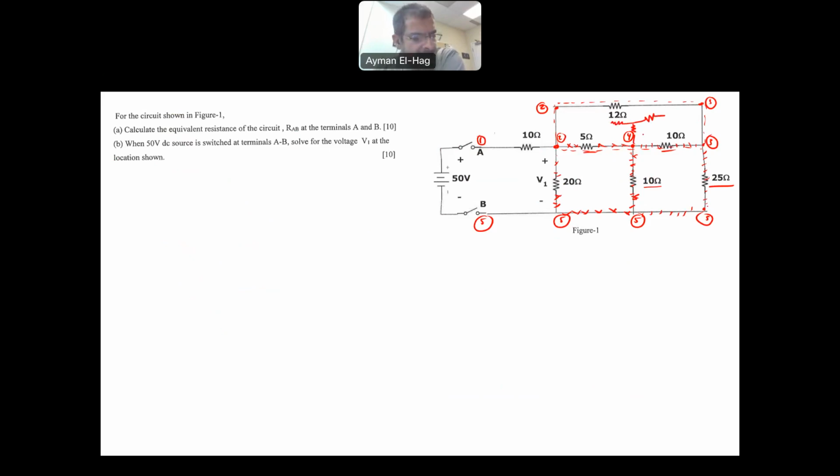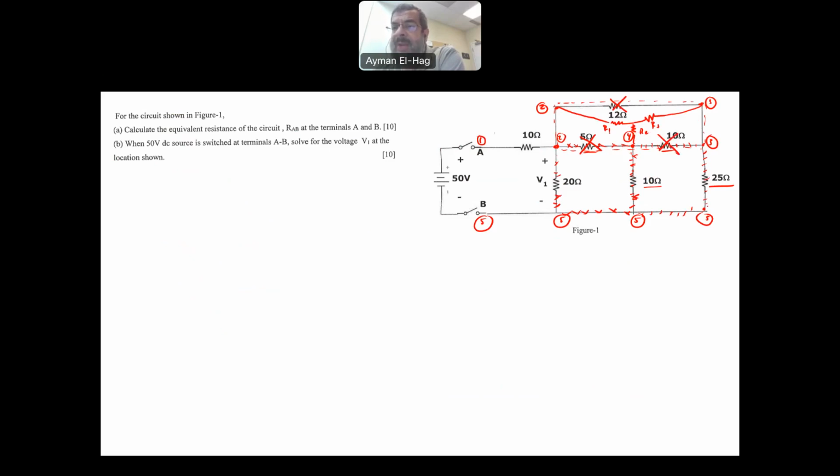We have here our R1, and then here we will have our R2 and R3. You will see that when you connect this, you will cancel the delta connection completely, and you will have only the Y connection.